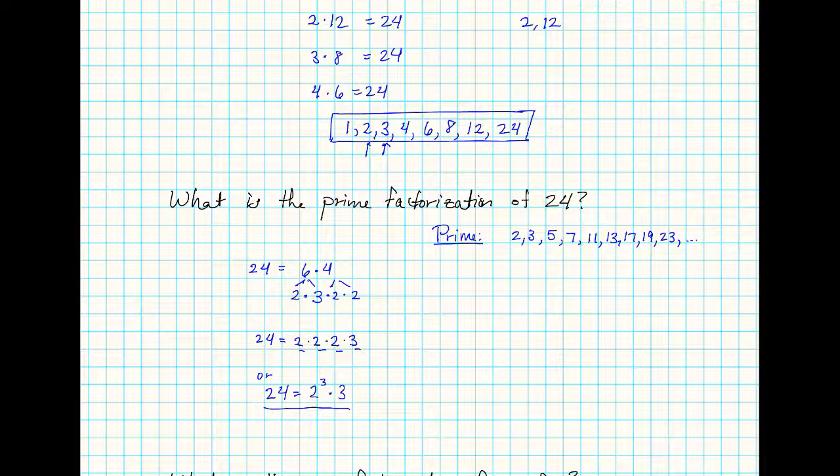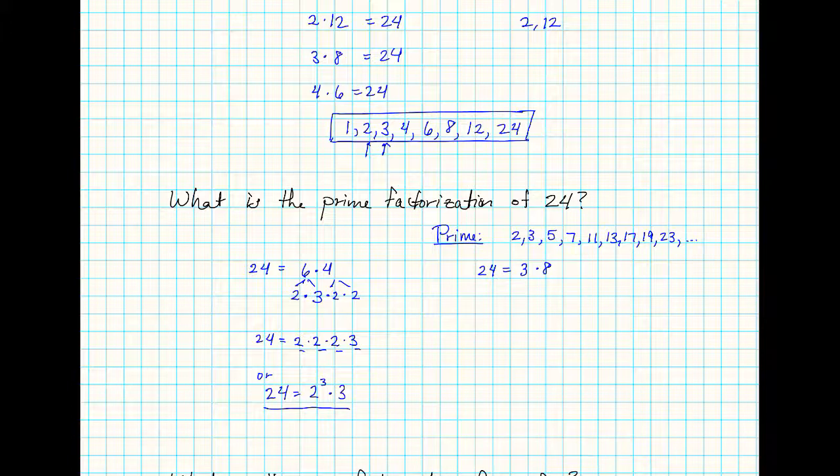So I want you to notice two things. One, we started out with 6 times 4, but we could have started with any other factorization of 24. So we could have started with, say, 3 times 8, and ask ourselves, okay, can we break this down any further? The 3 can't be broken down any further. That is prime.